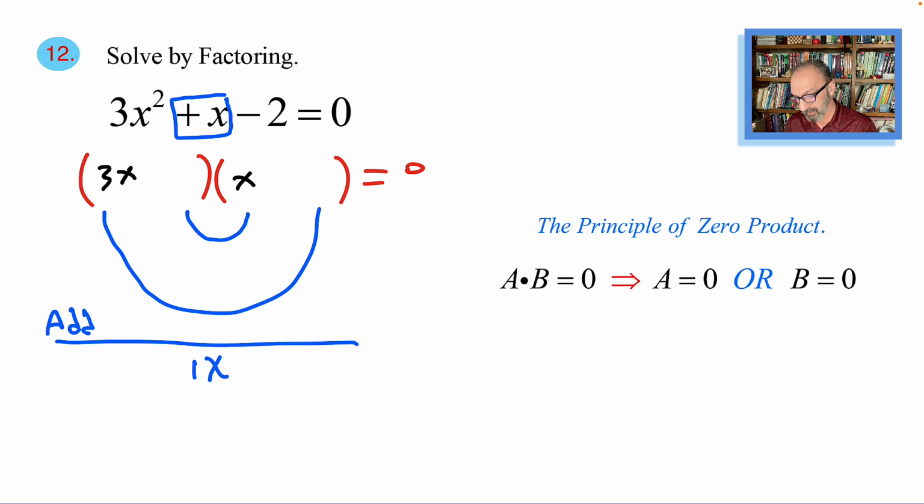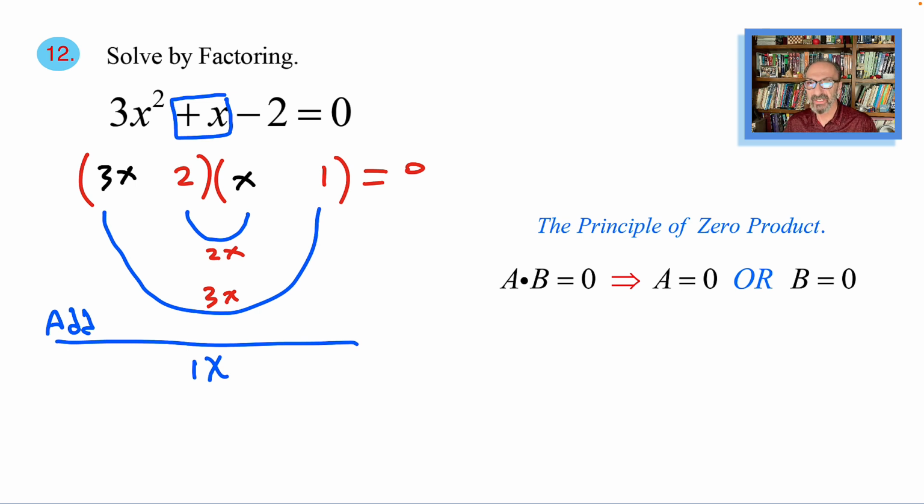To do it, you could try 1 and 2, but that's not going to work because 2 is going to meet the 3x and make it 6. And the right way is 2 here and 1 here. Notice that 2 times x is 2x and 1 times 3x is 3x.